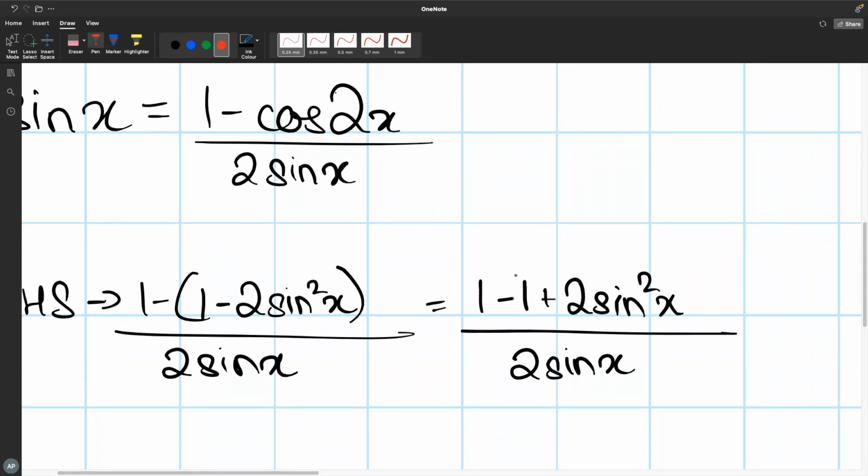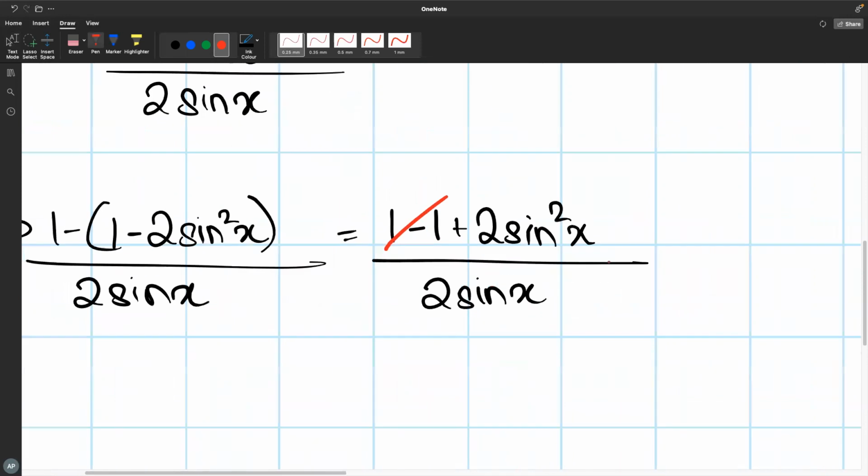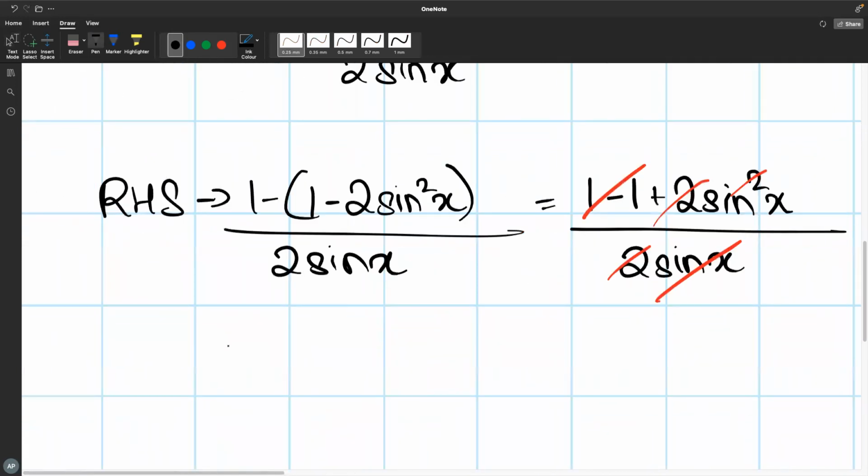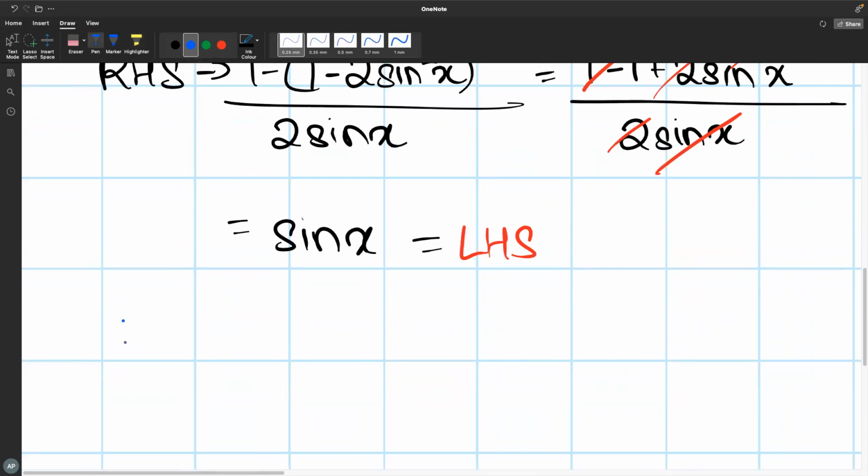Now we can cancel the 1 and minus 1. And over here we have 2 sine squared x over 2 sine x, the 2 gets cancelled, and the square gets cancelled, which leaves us with sine x, which is equal to the left-hand side. So we can say that P of 1 is true.